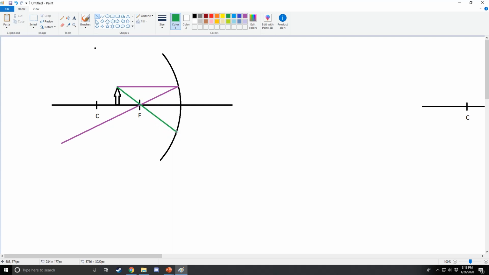Now, I do want to clarify that I'm using Paint, so this is just going to get a rough idea. And then the third one, I'll do from here to here.